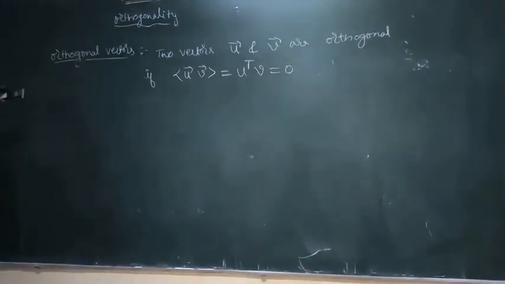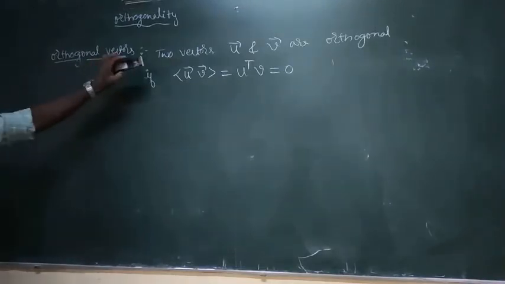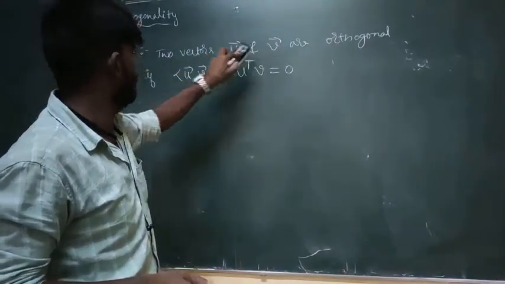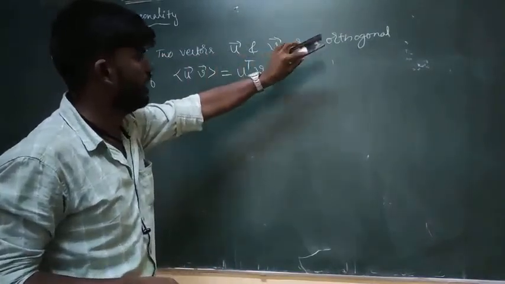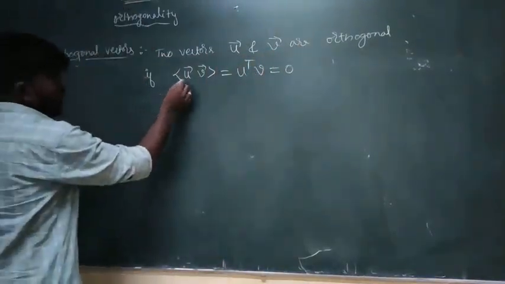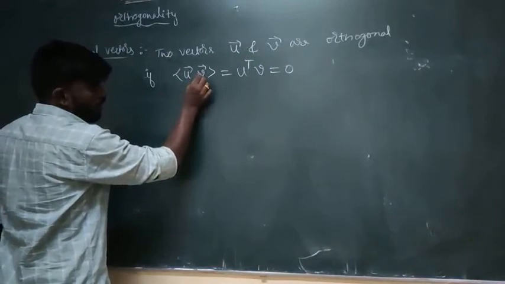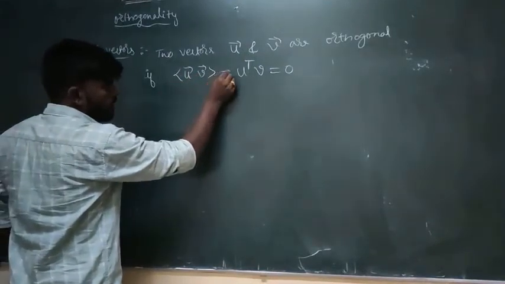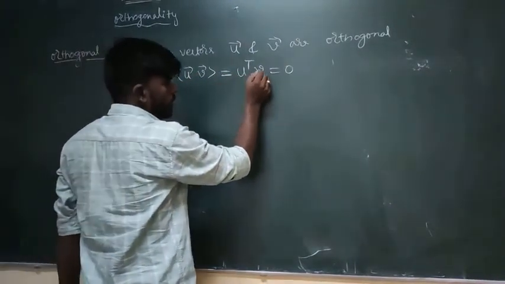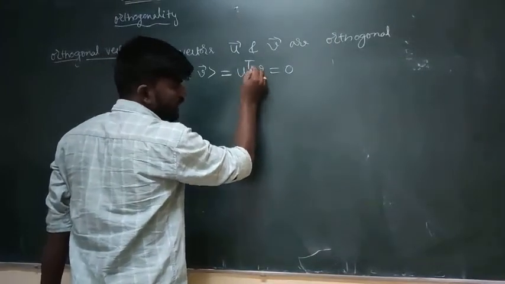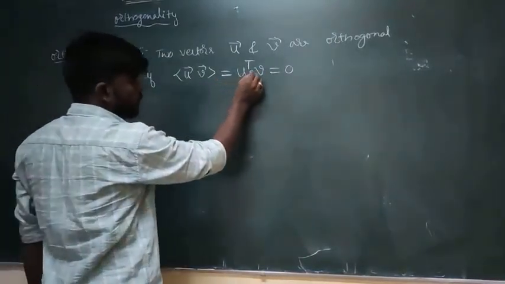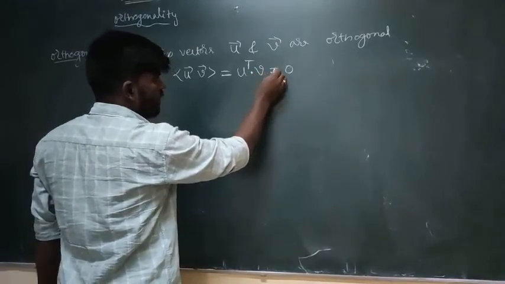So what are orthogonal vectors? If two vectors u and v are orthogonal, their inner product u dot v, which is nothing but u transpose v, is equal to 0.